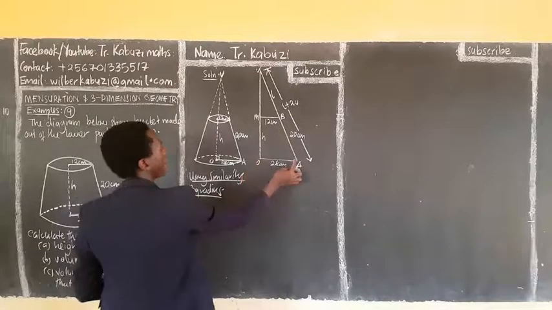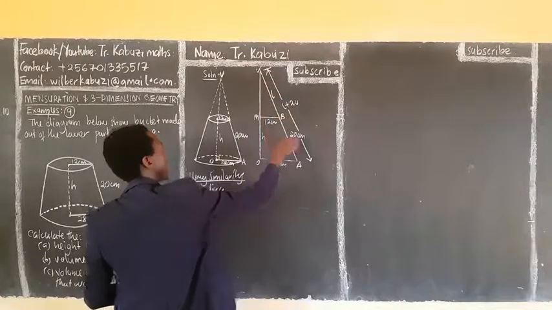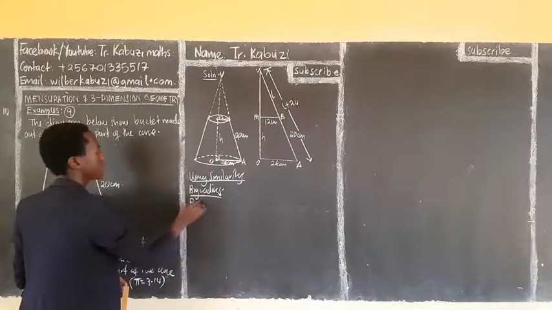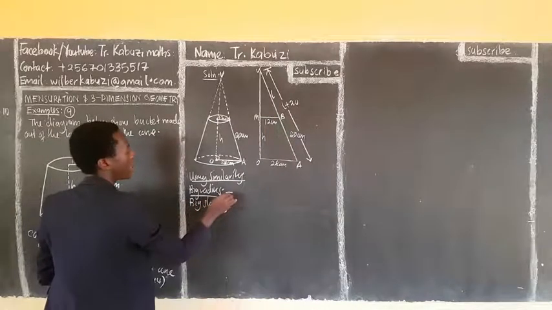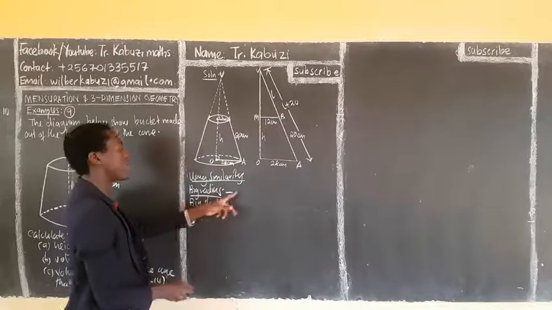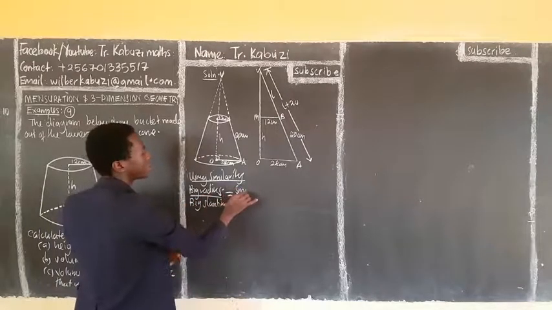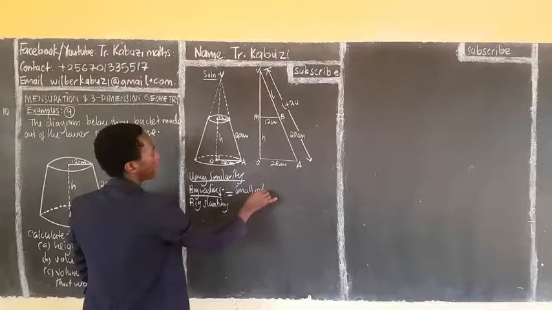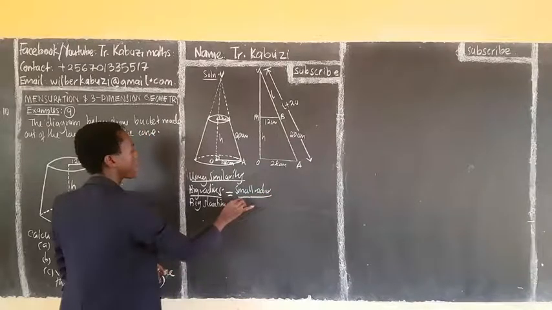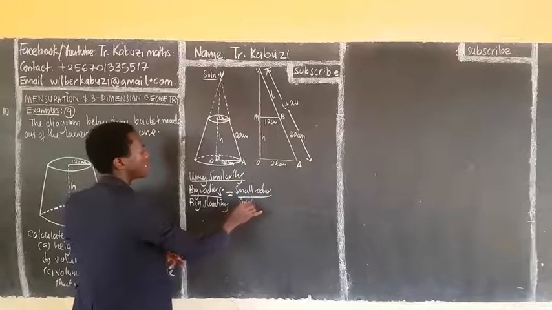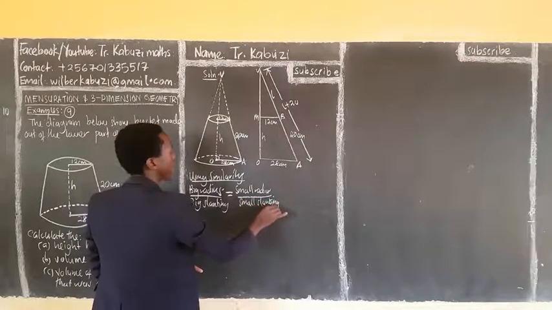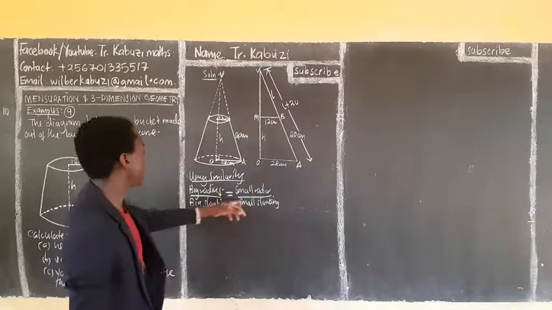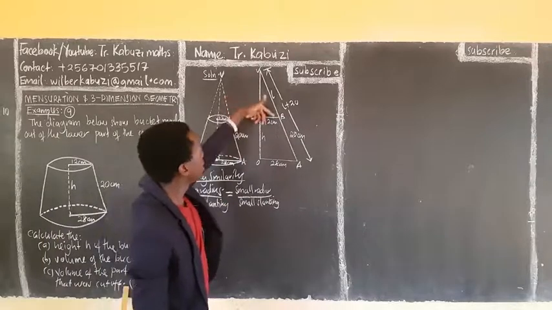So I'm going to say big radius over the big slanting side will be equal to the small radius over the small slanting side. Now, you see that this is similar, this one.